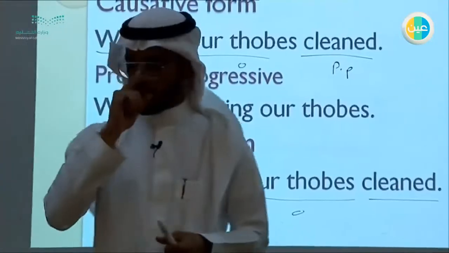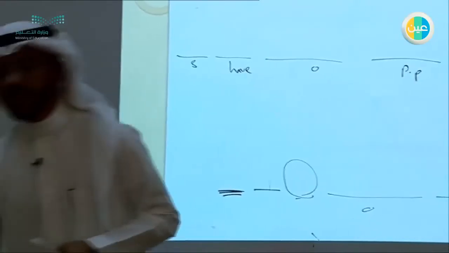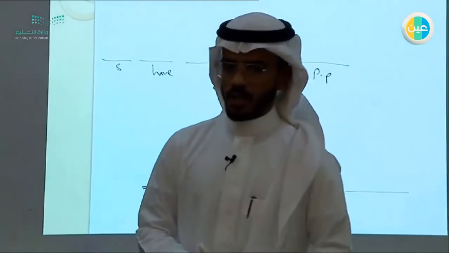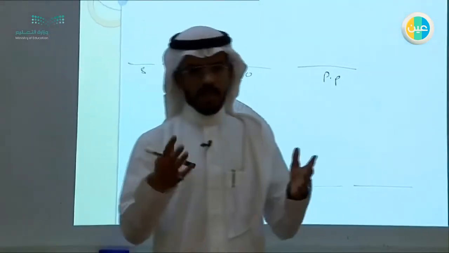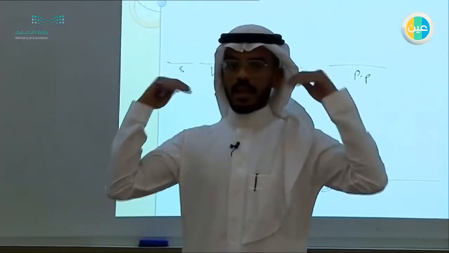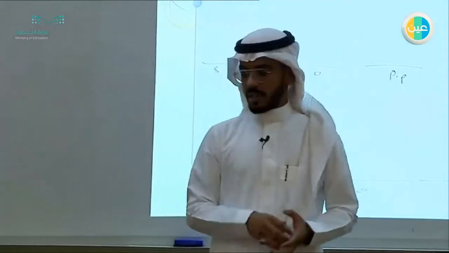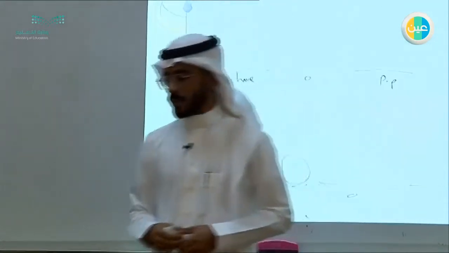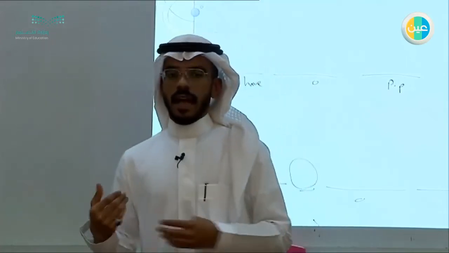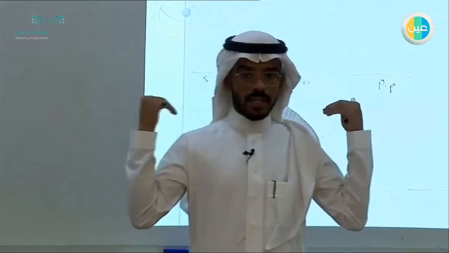Okay, let's move to the third one. Present perfect. Now, as you know, what is present perfect? We use present perfect in three situations. The first situation, when I talk about something that happened in the past and we don't mention the time or when it happened. شيء حدث في الماضي ولم أذكر متى حدث.